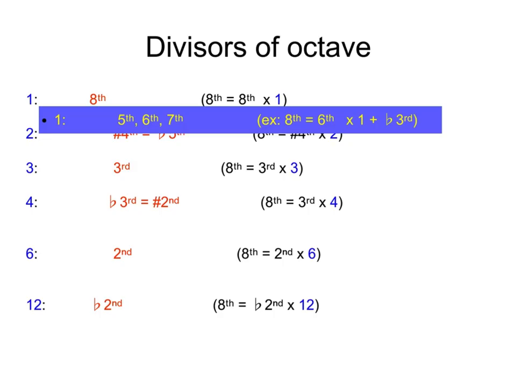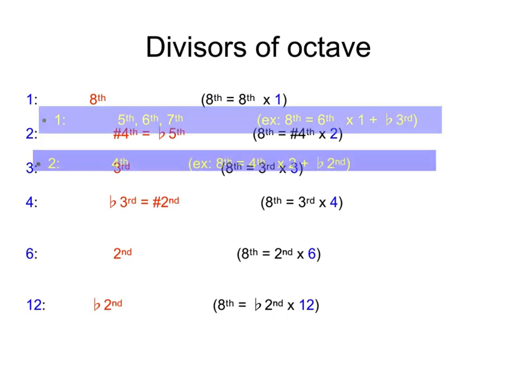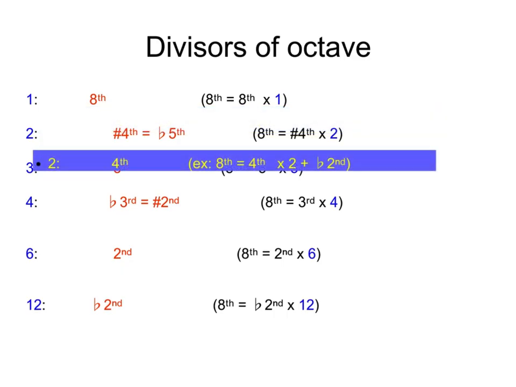Since the immediately larger interval on the list of intervals that divide evenly into an octave is the octave itself, we know that the largest multiple for all those intervals is the interval times 1, or the interval itself. Similarly, the largest multiple for a fourth is a fourth times 2.